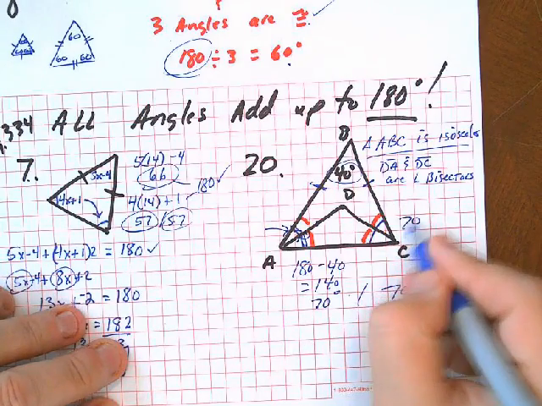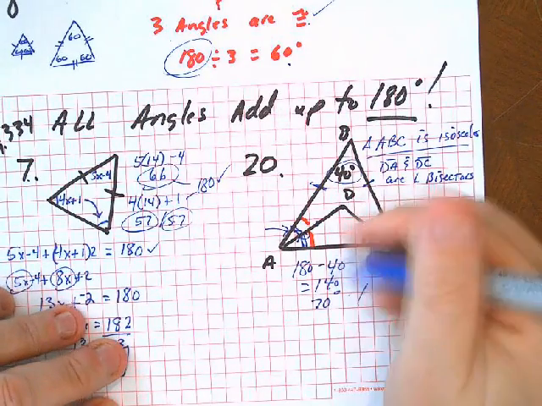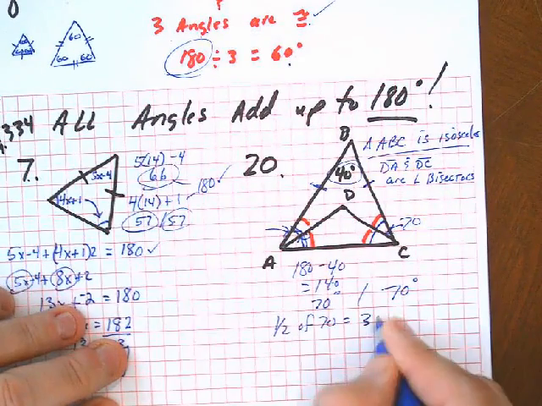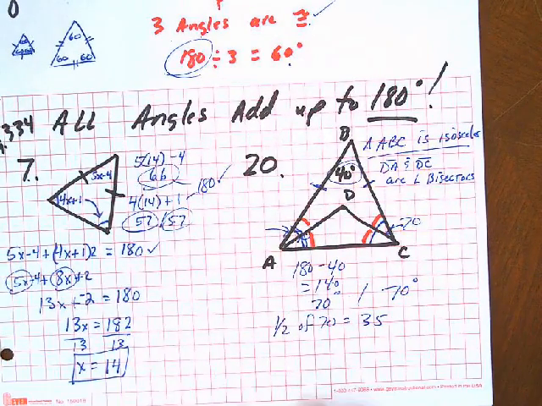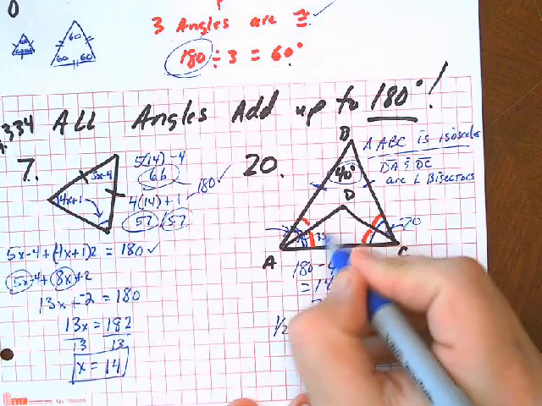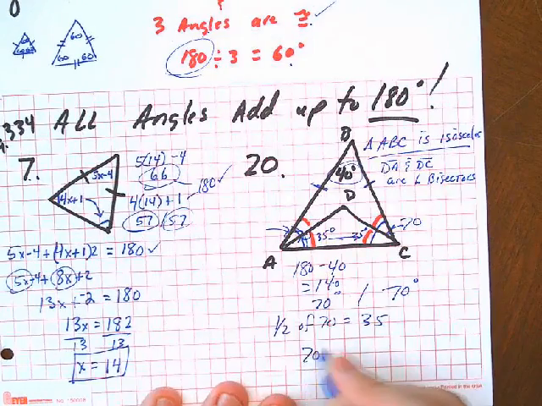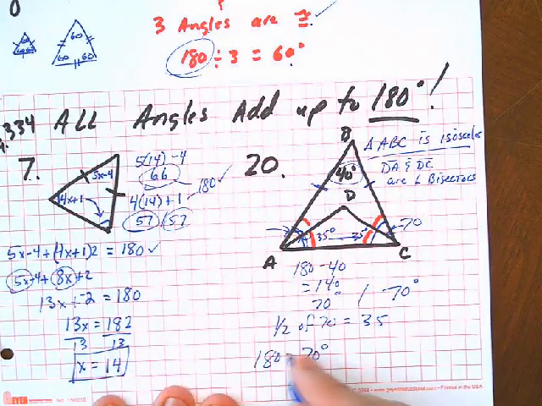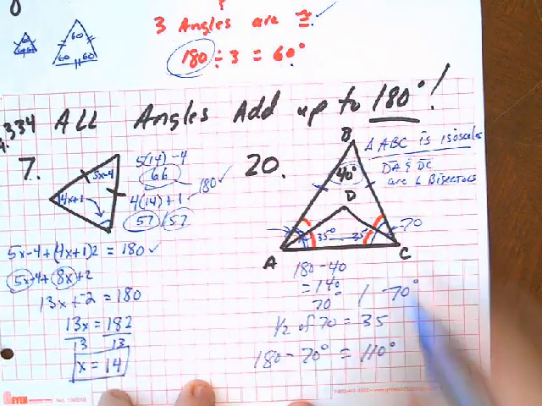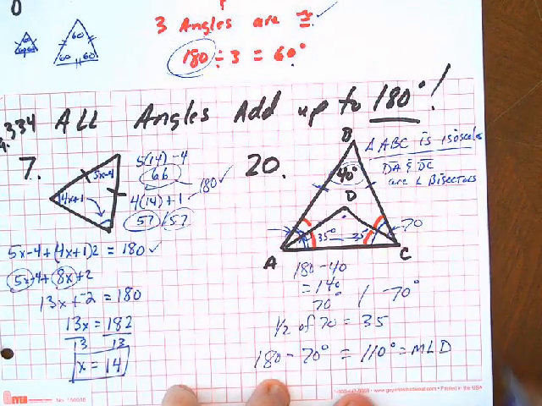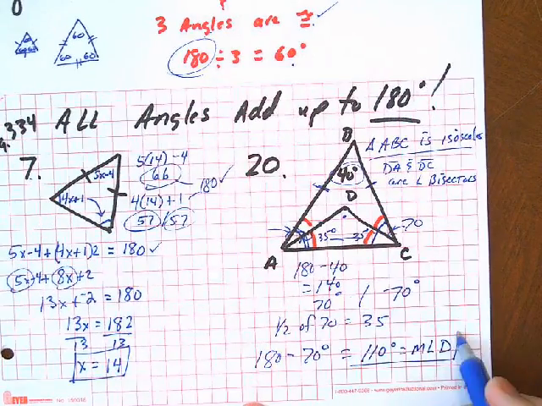Since these are bisectors, what's 1/2 of 70? That's 35. So if this one's 35 and this one's 35, you add those together and you get 70. If you subtract that from 180, then the measure of angle D, which is what the question was asking, is 110.